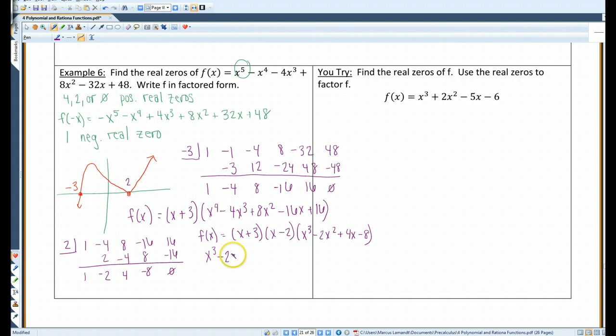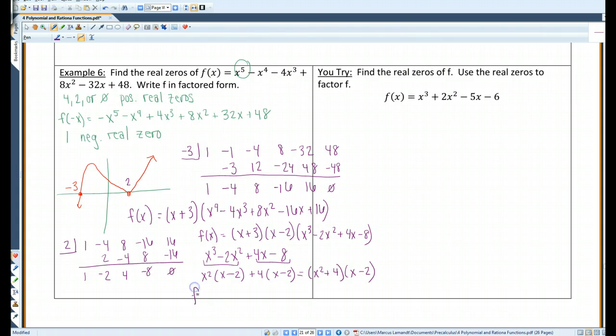I've got x cubed minus 2x squared plus 4x minus 8. From this, you can pull out an x squared. So I've got x minus 2. And from this, I can pull out a 4. And I've got x minus 2. So this factors into x squared plus 4 and x minus 2.